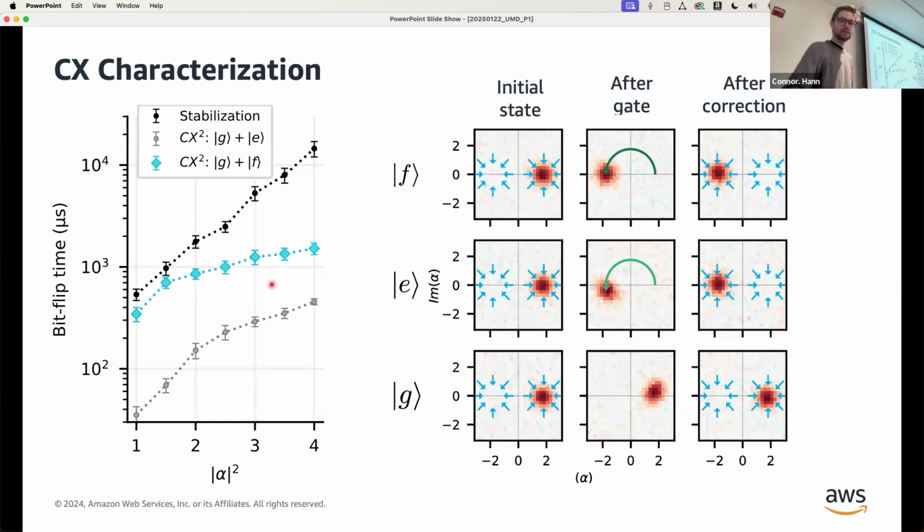The fact that we can actually distinguish separately between these three states, by default, most folks will just operate the transmon using only the GE states. You have to work a little bit harder to be able to measure and separately tell these three states apart. That turns out to be a nice feature for us for a number of additional reasons, actually.